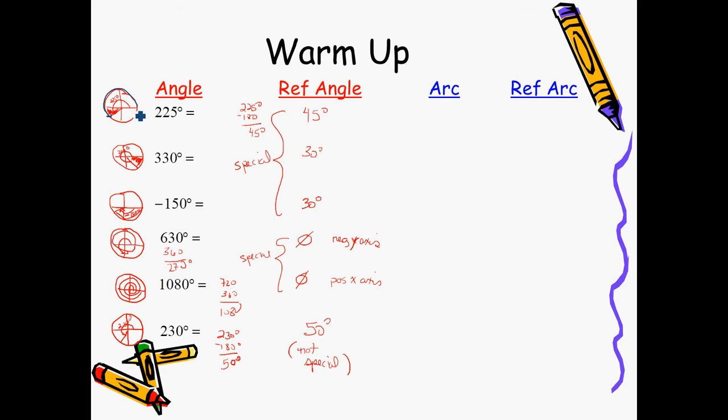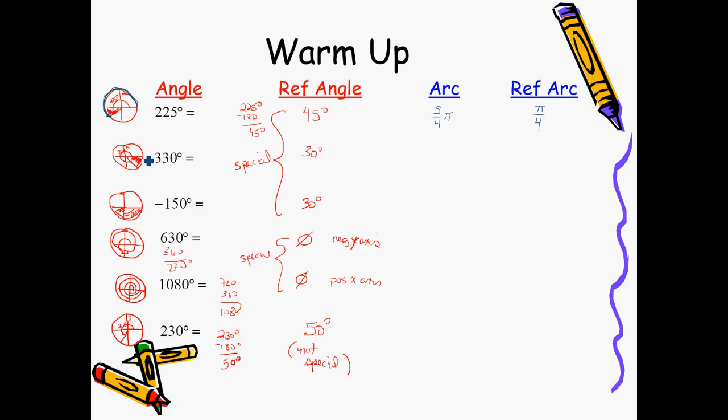How many 45s was this? This was 1/4 of pi, 2/4 of pi, 3/4 of pi, 4/4 of pi, and 5/4 of pi. One more pi over 4 than 180. Reference arcs are awesome. The reference arc is just going to be pi over 4.